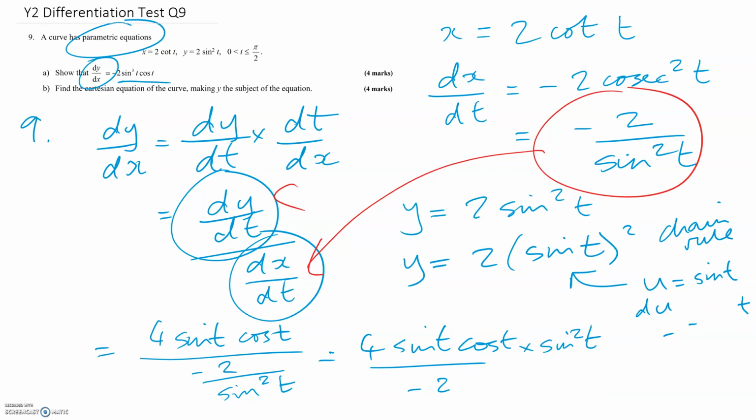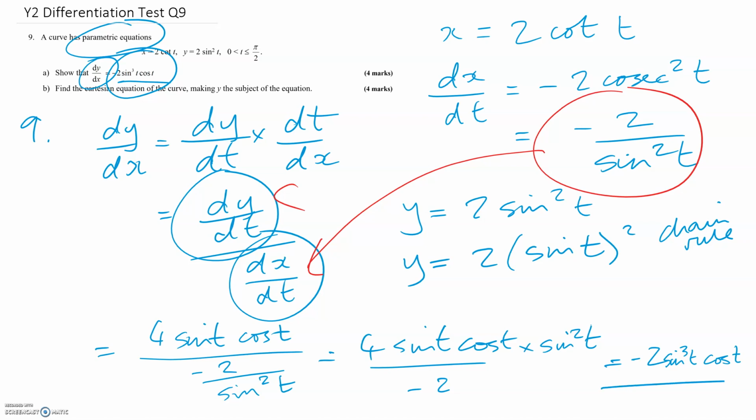And you can see already that this is going to give us the right answer, because the 4 divided by minus 2 is going to give us the minus 2 we want over here. And then we're going to get sine cubed t cos t, which is the answer we wanted to end up with.